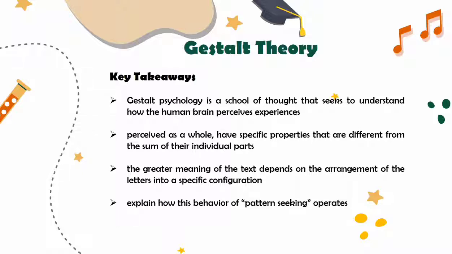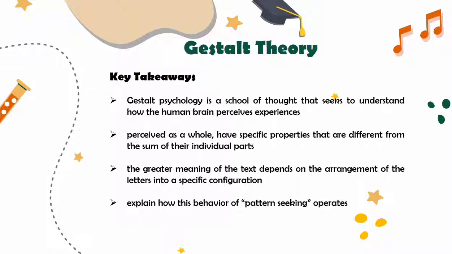For instance, when reading a text, a student perceives each word and sentence as a whole with meaning, rather than seeing individual letters, even though each letter is an independent individual unit. So the greater meaning of the text depends on the arrangement of the letters into a specific configuration.